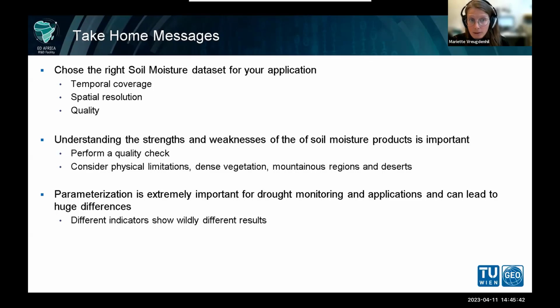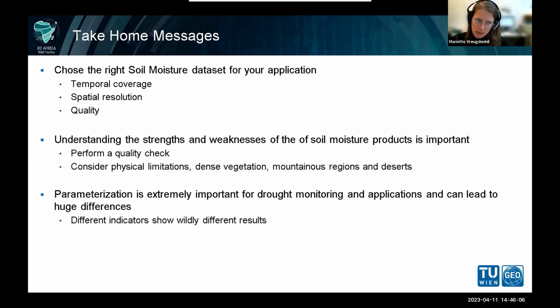So perform a quality check if you can through the QA4SM website, or you can do this yourself if you have, for example, in situ soil moisture data from your own meteorological service or from a farm or from your own sensors, and you can compare it to this to really see if it works for your area. And you also need to consider the physical limitations of satellite data.